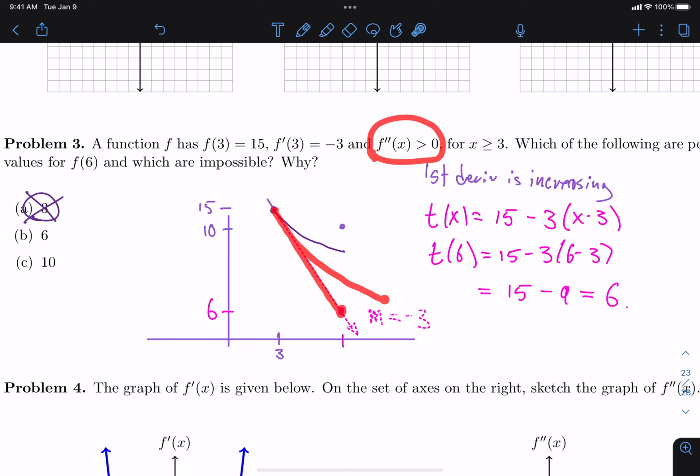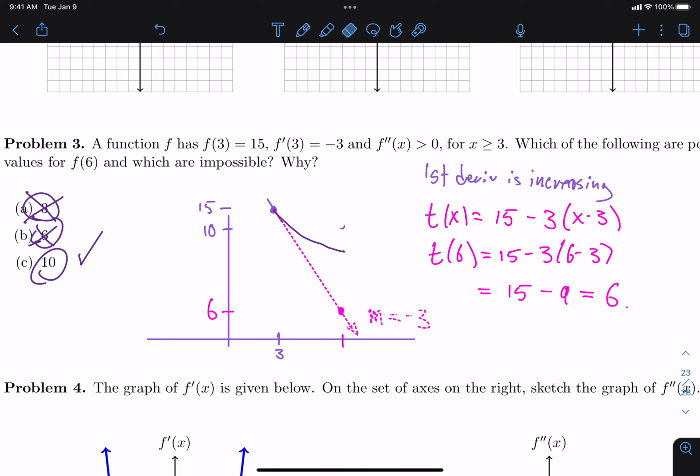But I know my function is concave up to the right, so 6 is not attainable either. But 10 is okay, because I could rescale this a little bit so it's more realistic. We can put 10 here, and there could be a concave up function, a function which peels away from the tangent line in this kind of fashion, which goes through 10. That's no problem, because 10 is larger than 6.